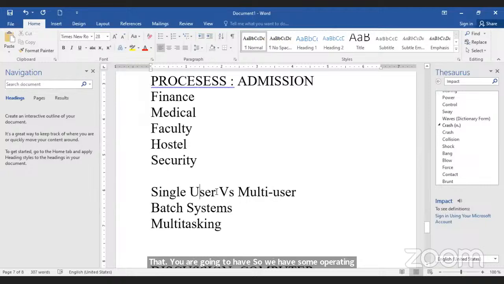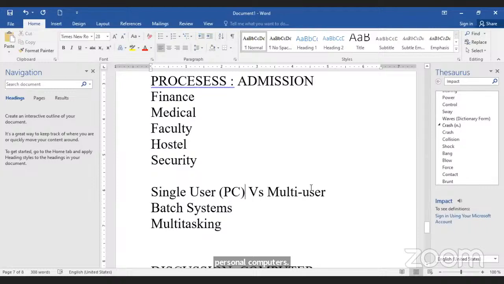We have some operating systems that allow one user at a go. Like your phone, two of you cannot use your phone unless you give another person to use. So an example of single user is personal computers. When two people hold a mouse, one person holds it and then gives it to the other.